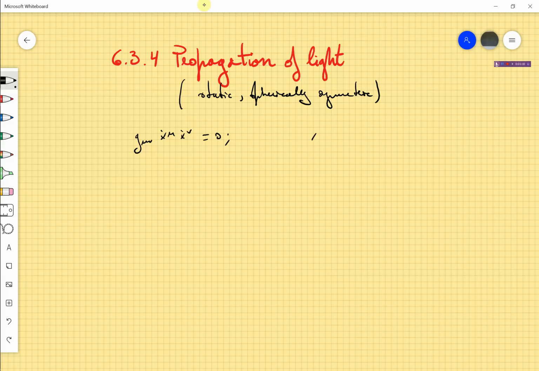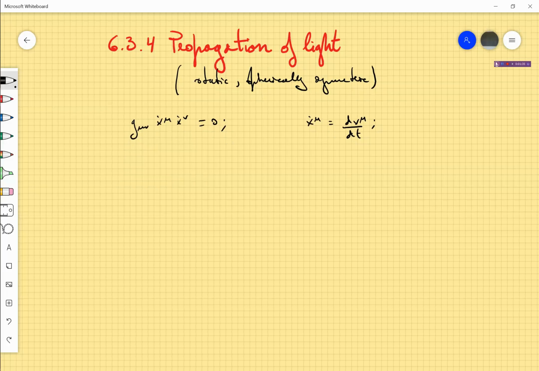So ẋ^μ here is dx^μ/dt. The fact that this vector is null does not depend on the parameterization. If you reparameterize x^μ, you only get a squared factor from the change of variable, and this is still 0. So the condition is still the same, even if this is time.